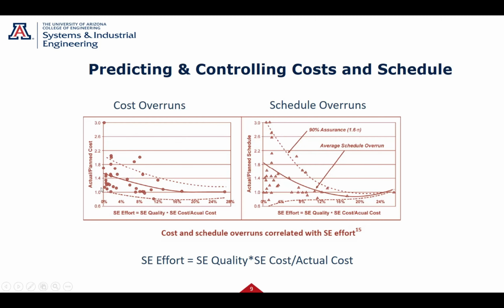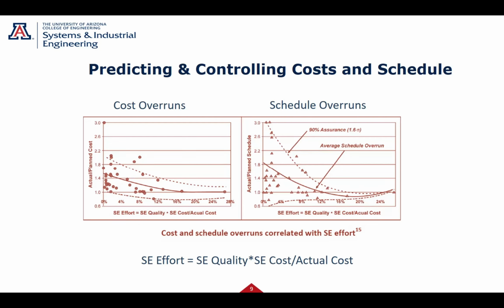So look at this. Actual cost, planned cost comes in right about 1. In other words, the program costs what you thought it was, as long as you're spending about 16% on system engineering. If you try cutting your system engineering, your actual cost is typically going to come in more than your planned cost.